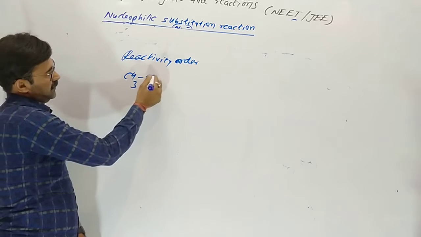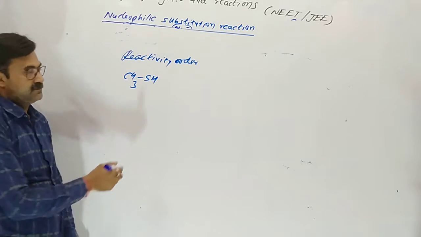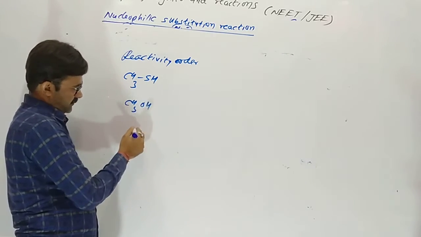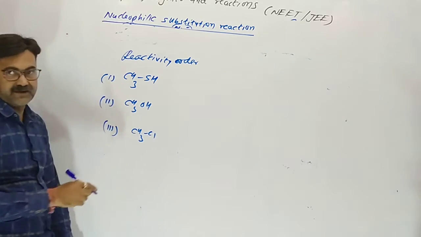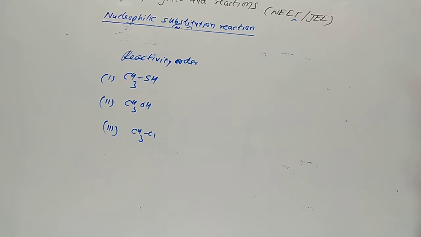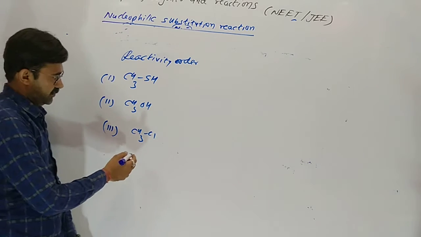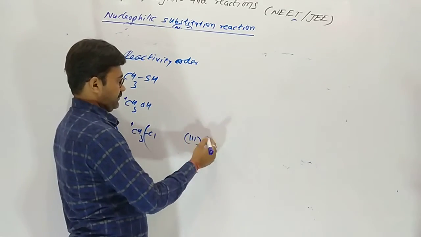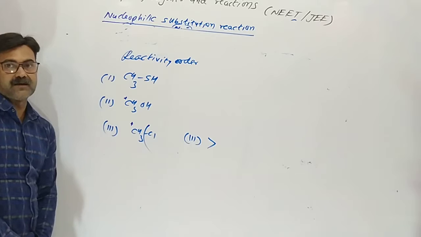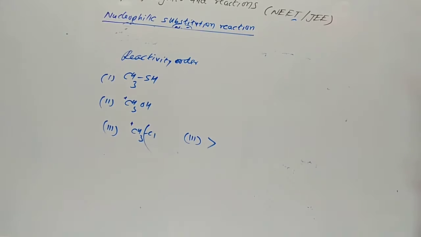Suppose the thioalcohol, methanol and methyl chloride. Out of three, which one gives a fast reaction? Think about it. Obviously, chloromethane, because the bond between carbon and chlorine breaks easily.